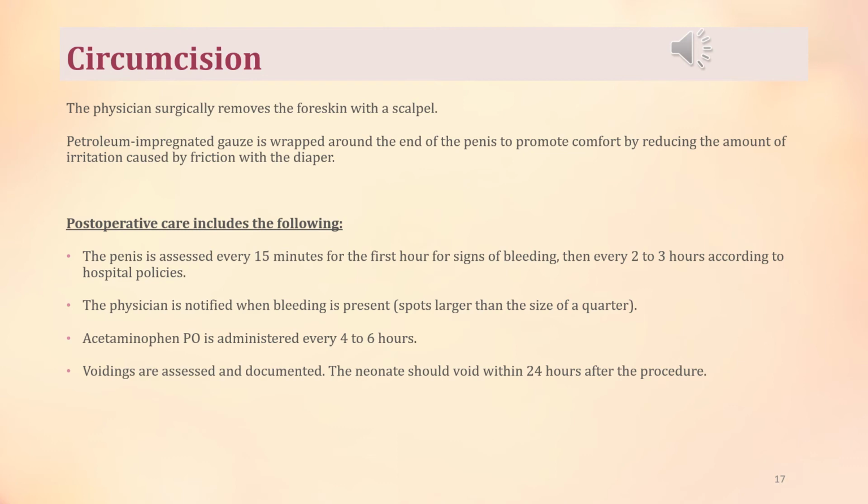Then the next thing that's going to be very important is that first void. They should void within 24 hours after the procedure. If not, we need to follow up with our physician to make sure that all is okay.